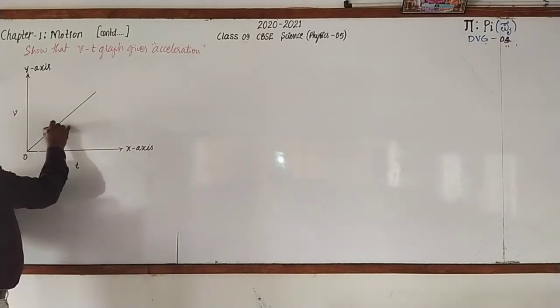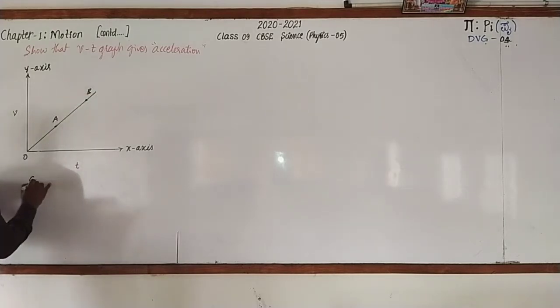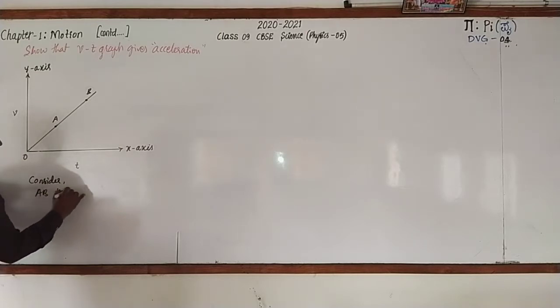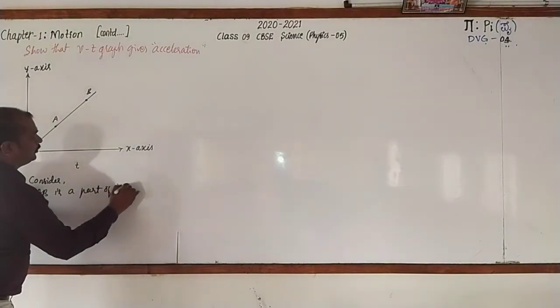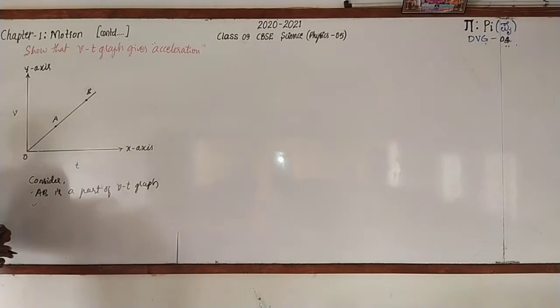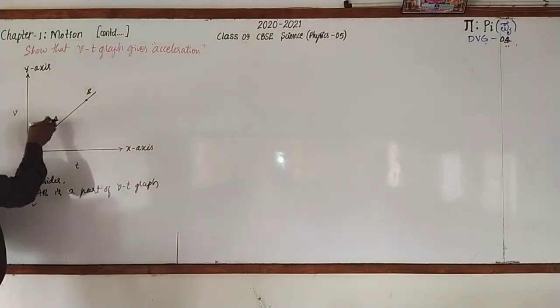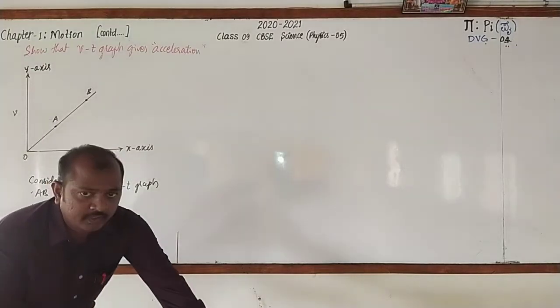A part of the graph of Vt is AB. Here I will write: consider AB is a part of the Vt graph.